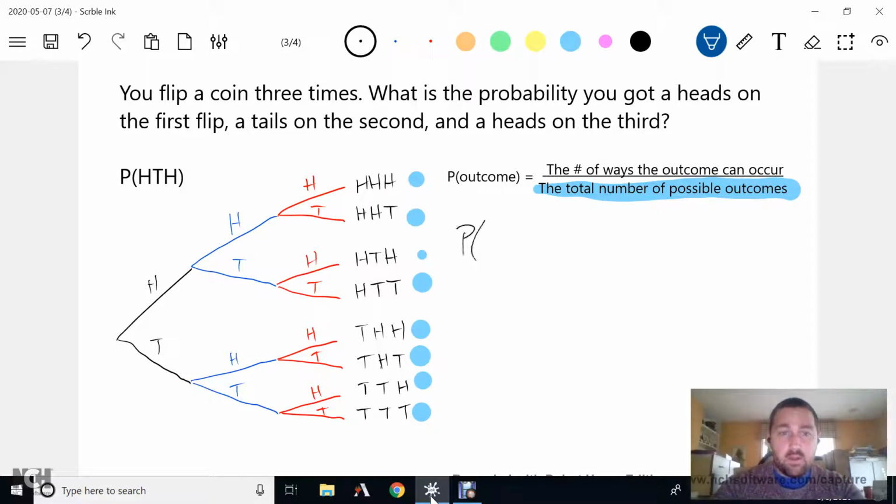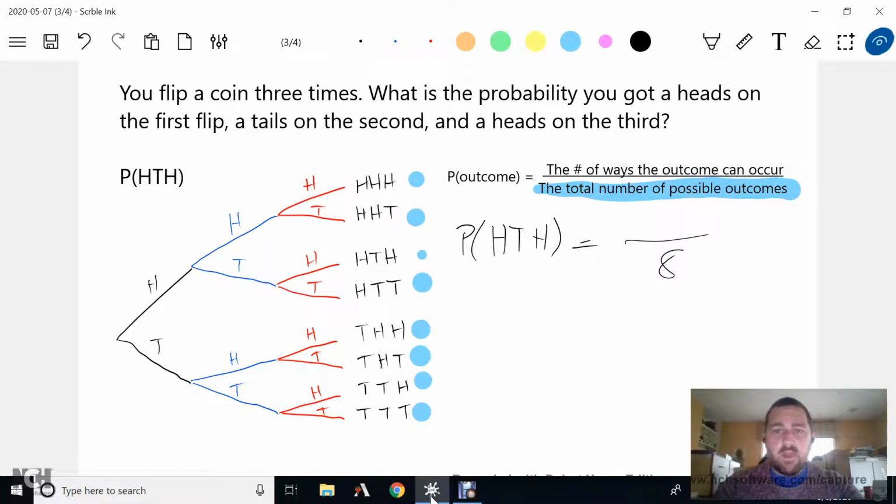So probability of heads, tails, heads would be something over 8. And of all these outcomes, how many of them are heads, tails, heads? Well, 1. And that's it. This 1 is heads, tails, heads. And so that tells us that the probability of flipping a coin 3 times and getting heads in the first one, tails in the second, heads in the third one is 1 over 8.